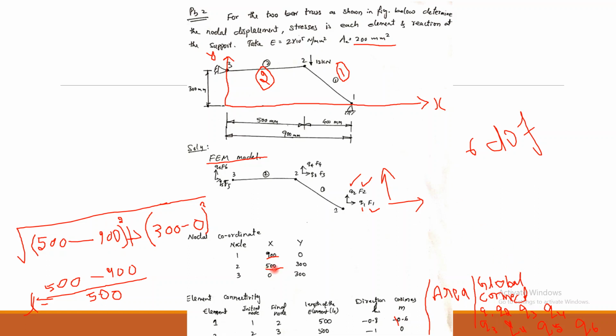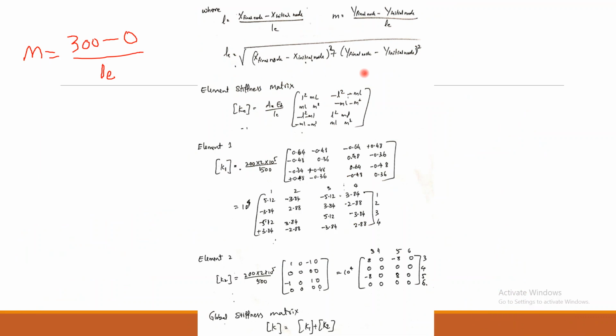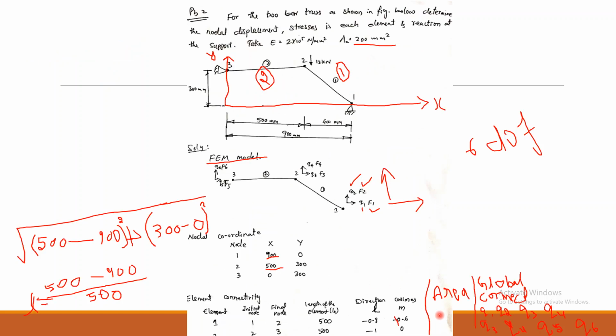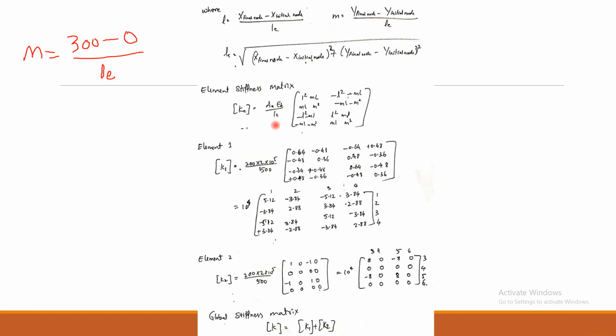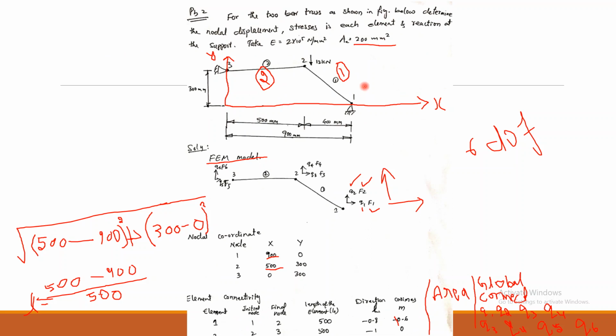Once this table you have filled, let's go for the element stiffness matrix, derivation of element stiffness matrix. So if you adopt that equation, then area of the element, look into this table. So area of the first element, that is 200 mm square, multiply by Young's modulus, that is 2 into 10 raised to 5 Newton per mm square.